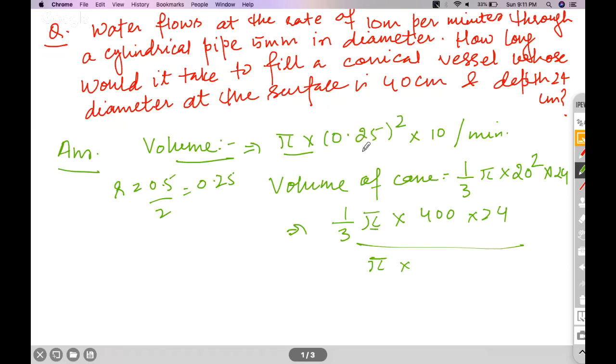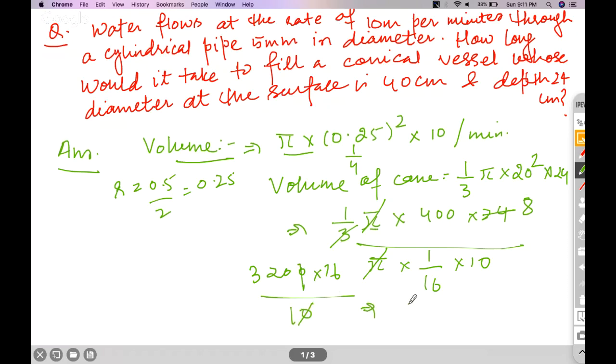So 1 by 16 I am writing here, and this is 10. So pi and pi is gone. This gives me 8. So 3200 multiplied by 16 divided by 10. So this gives me 320 into 16, and divided by 60, because you are getting it in minutes.